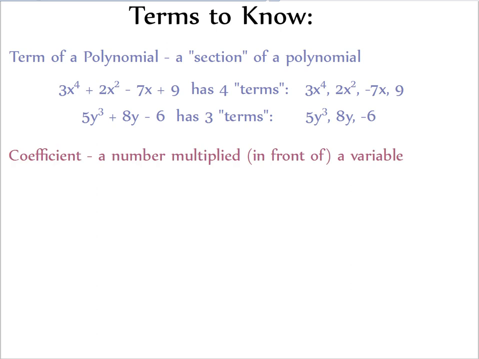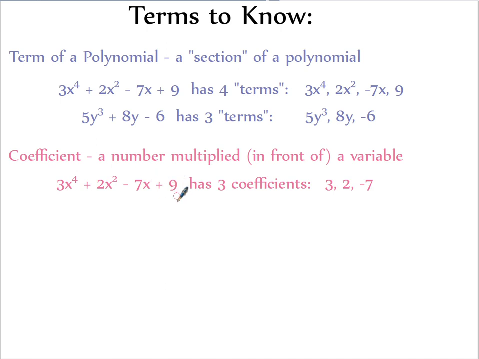Coefficient, hopefully you've heard that term before, is a number that's being multiplied to, or in other words, in front of, a variable. So my original polynomial here has 3 coefficients because there's 3 numbers that are being multiplied to a variable. The 3, the 2, and the negative 7 are all being multiplied to a variable.